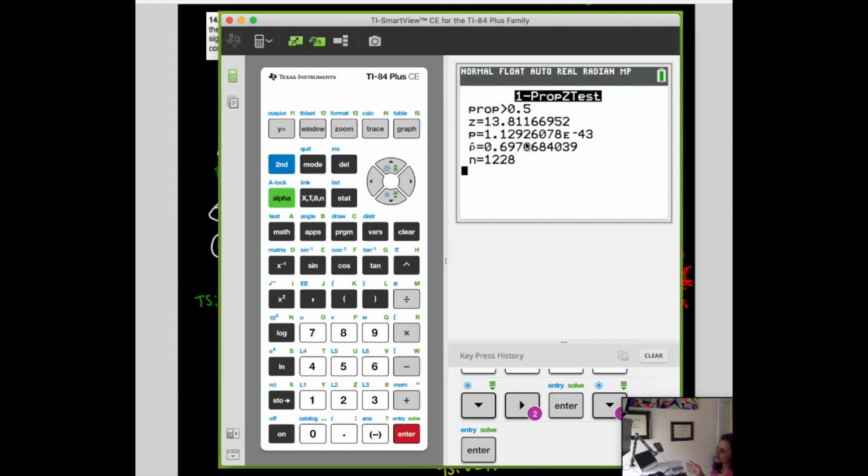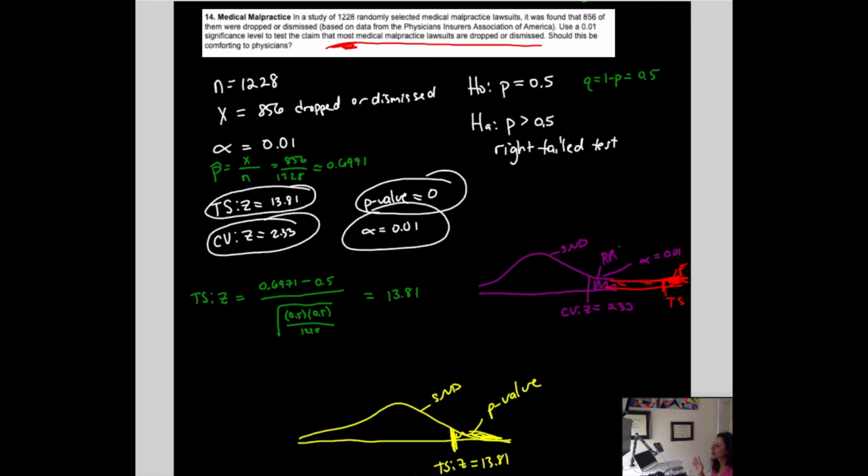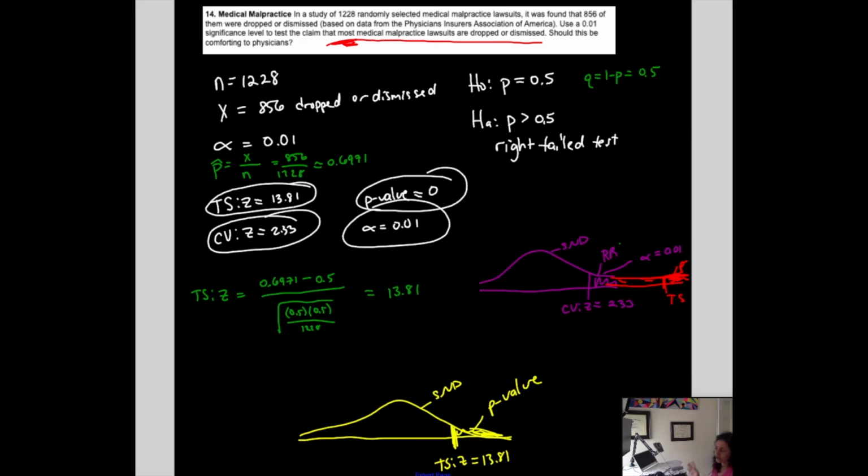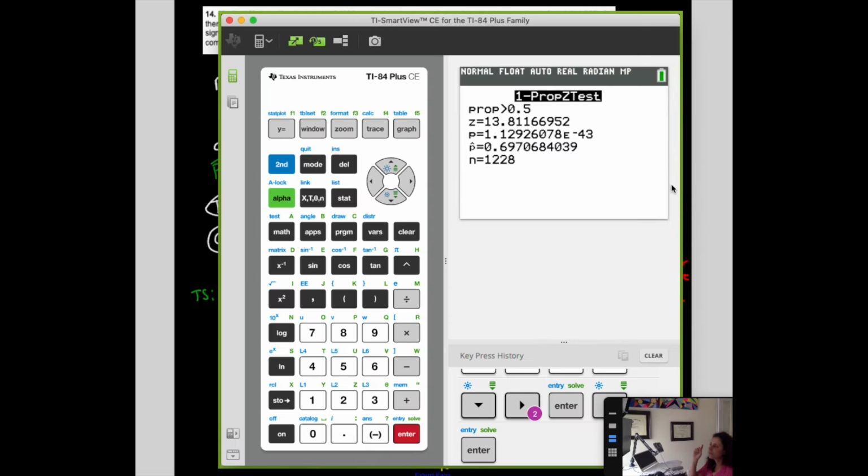So the p-value method is favored now because it could be a little bit faster than the other method, because we still have to find the critical value the way we did it here, in inverse norm. So again, the calculator trick gives me the test statistic in this order every time: the test statistic and the p-value, p-hat if I want it, and then n if I want it.